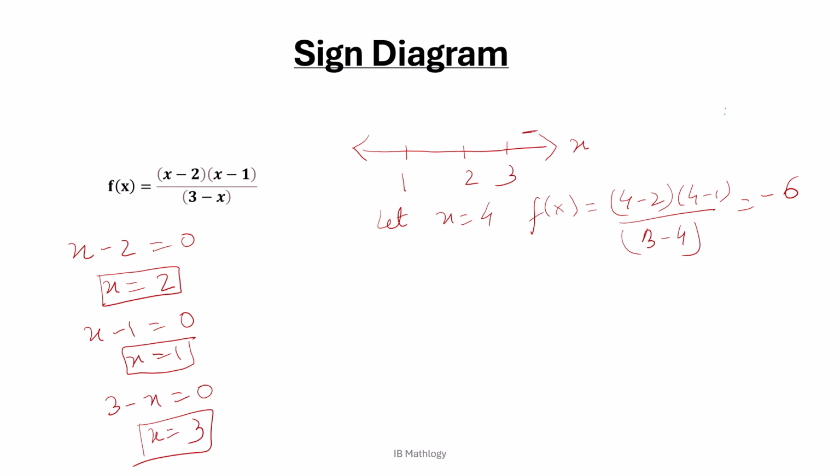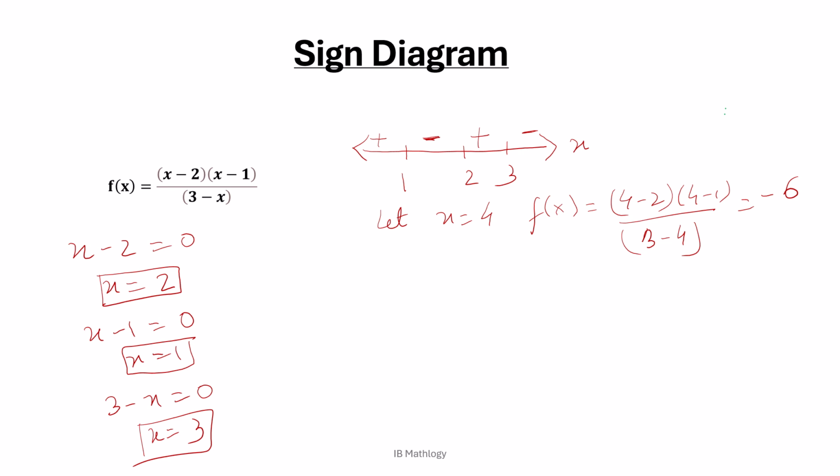Now if you put any value between 2 and 3, let's take 2.5, you will be getting a positive sign. For all the values between 1 and 2, you can take any number in between, and you will get a negative sign by following the method I just showed you. And for all the values which are less than 1, you will get a positive sign.